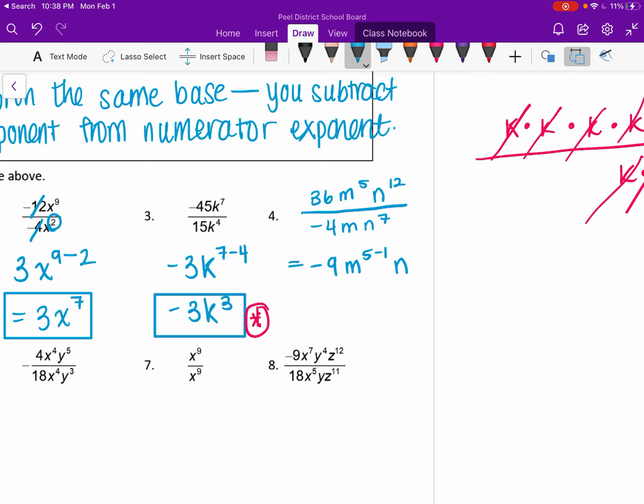And then n to the 12 divided by n to the 7 is going to be n to the 12 minus 7, right? So I'm just going to put everything in one line. And then 5 minus 1 is going to give me 4. 12 minus 7 is going to give me 5. So that is my answer.